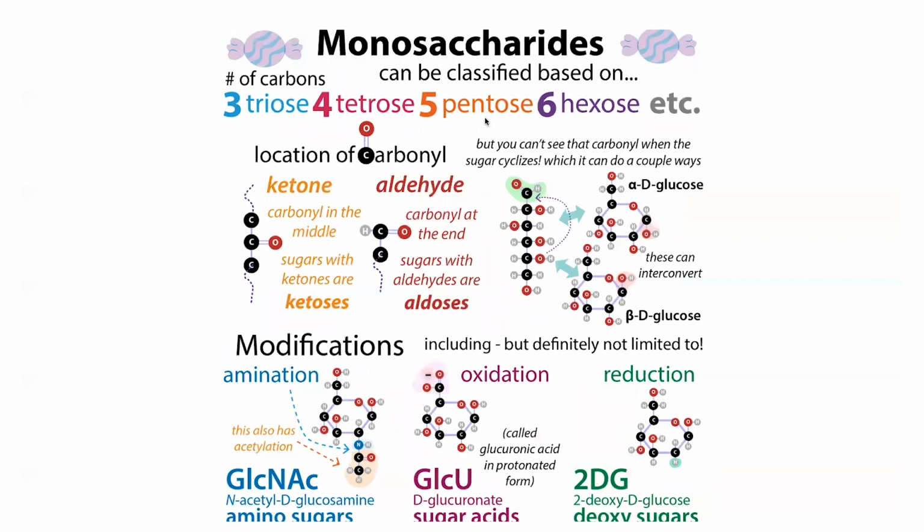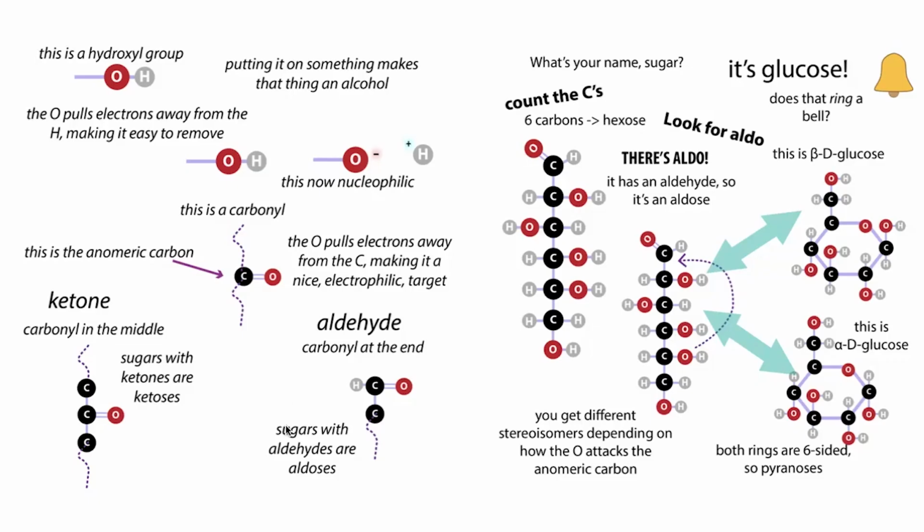carbons. So the number of carbons is going to dictate what kind of sugar it is based on this nomenclature. So if you have 3, it's a triose, 4, it's a tetrose, 5, it's a pentose, 6, it's a hexose, etc. We can classify sugars as aldoses or ketoses, depending on whether they have an aldehyde, where the carbonyl is at the end, or a ketose or a ketone, where the carbonyl is in between 2 other carbons.